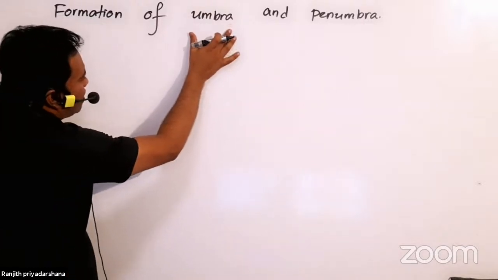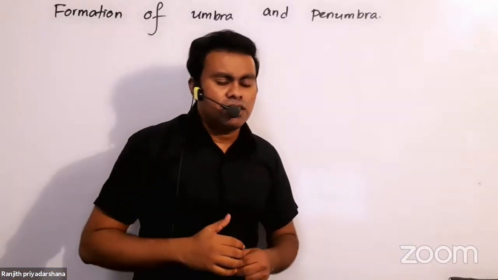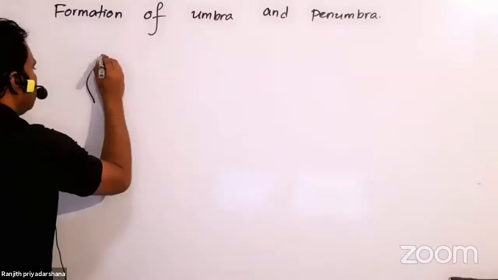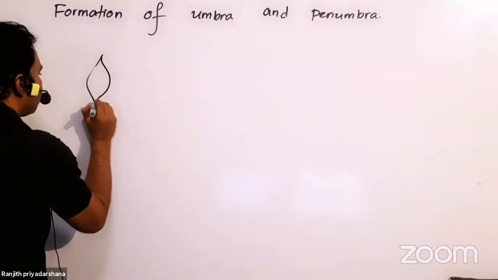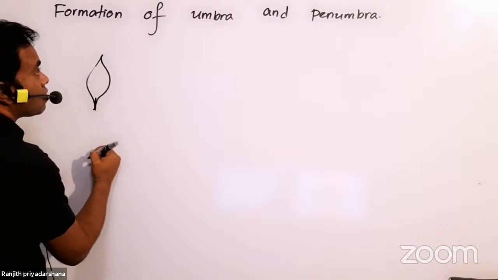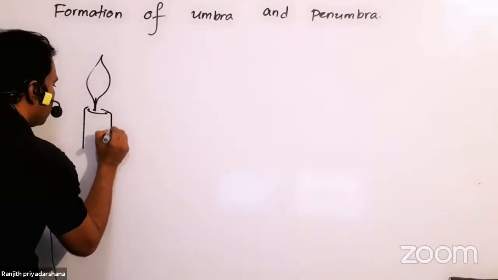Umbra means shadow. Okay, the common name for that is shadow. How is this shadow formed? Okay, so here's the light source.